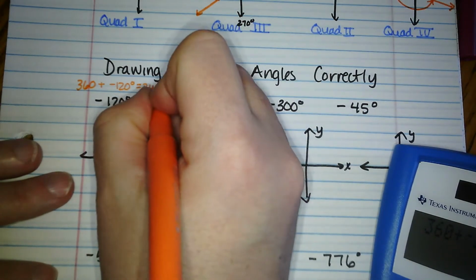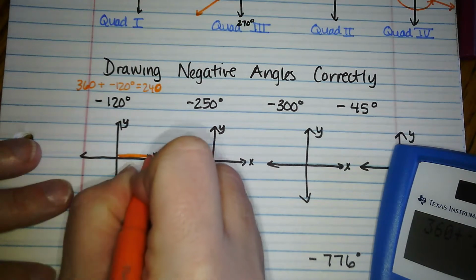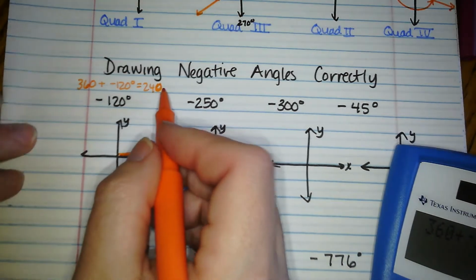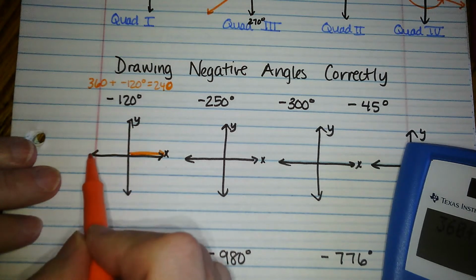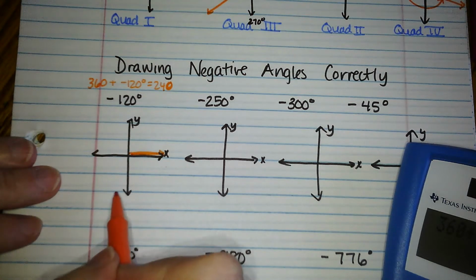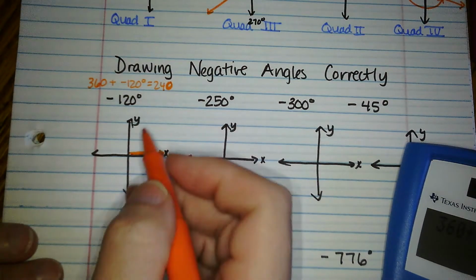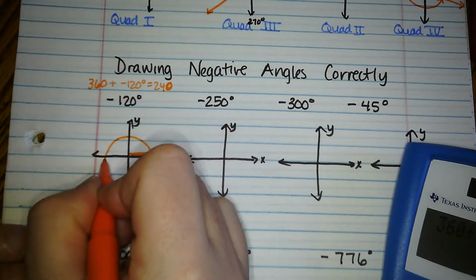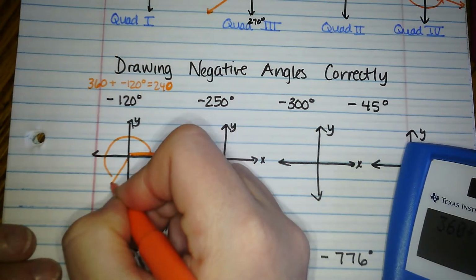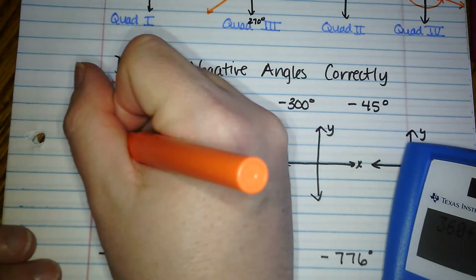So I know that I would start here, and to get to 240, I would have to pass 90, pass 180, and get between 180 and 270. And 270 is down here, so it's going to be like this. So this is considered a positive 240.